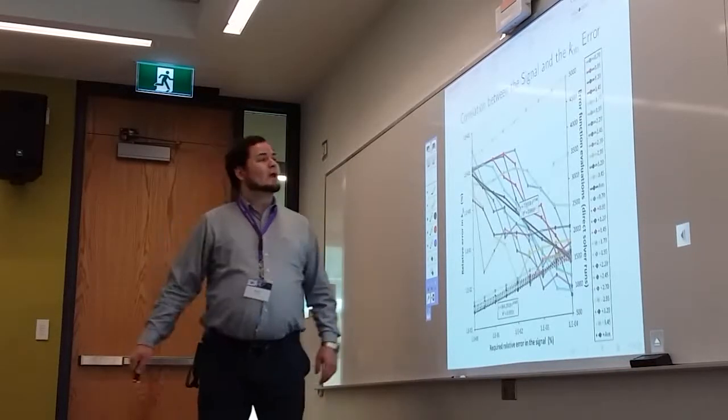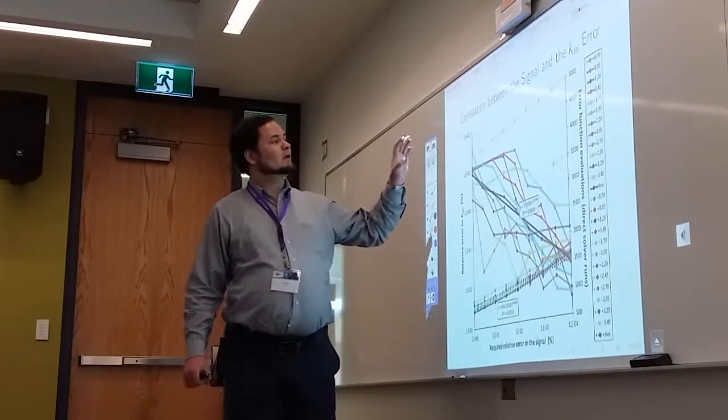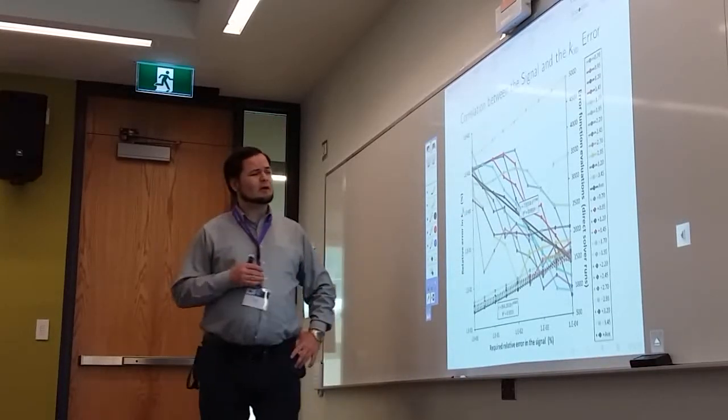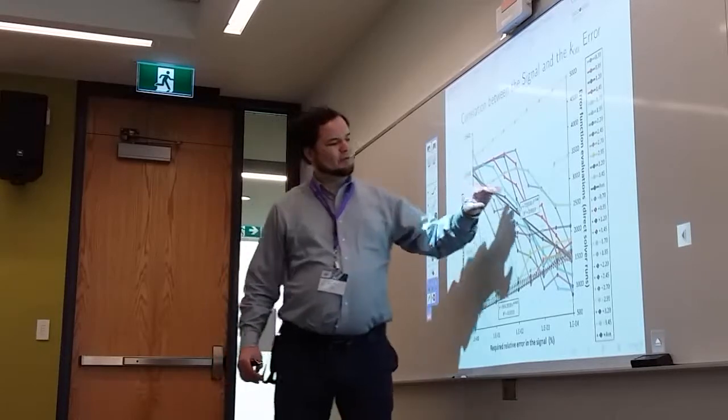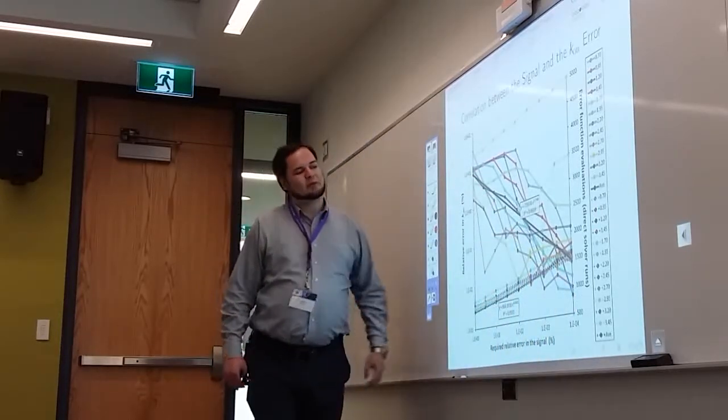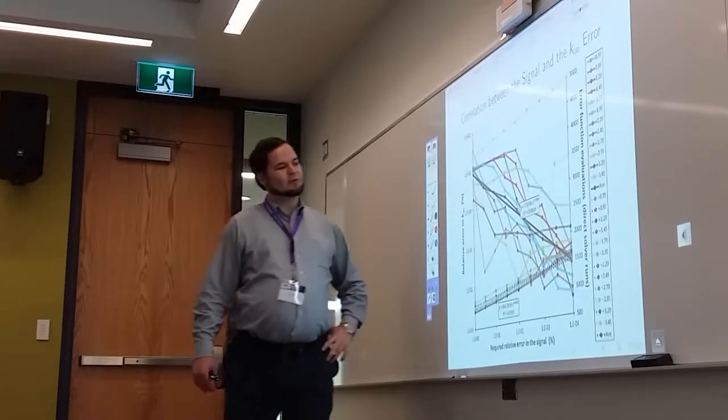This shows the correlation between the signal and the K on error. It looks really complicated, but just look at the middle black fitted line.